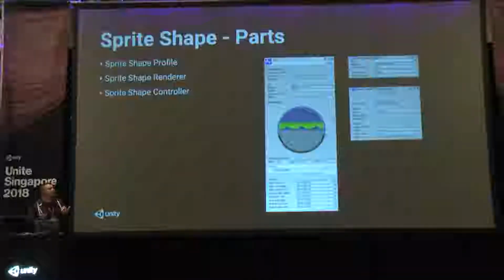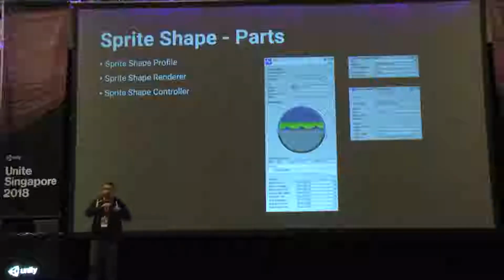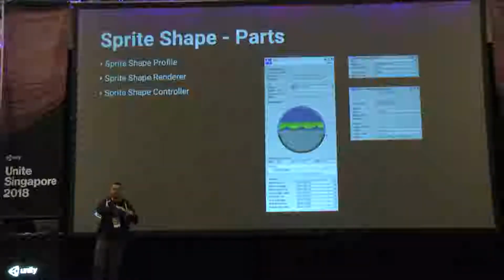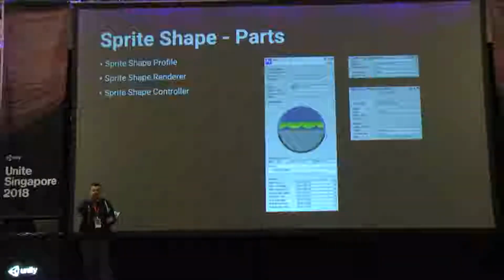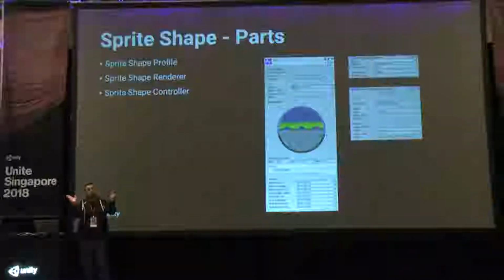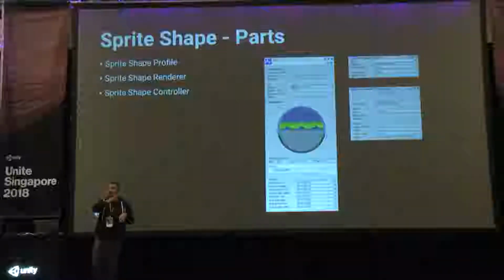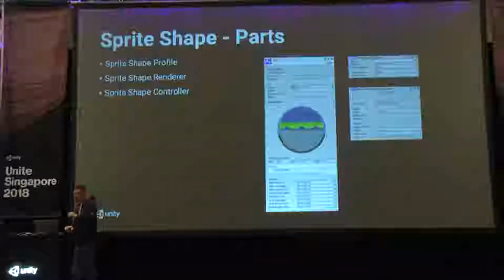Based on those angle ranges, we will know which sprite we should render. And when we talk about angle ranges, what angle are we talking about? It's the normal that comes out of the spline. So if you have a circular spline and you have normals facing up, and you've got an angle range for all angles facing up, we will be rendering that sprite within that range. We'll set one up in a minute so you can see how it works.